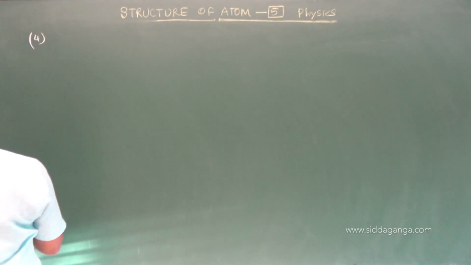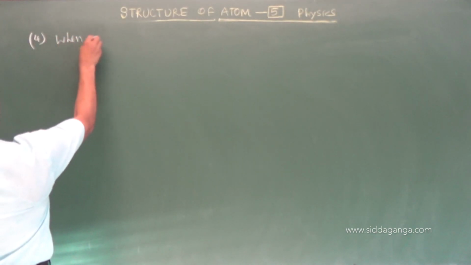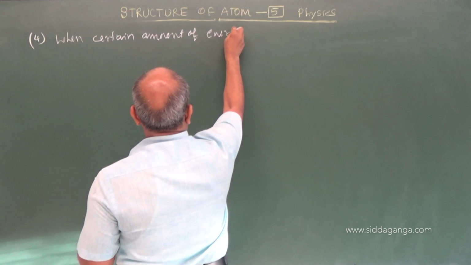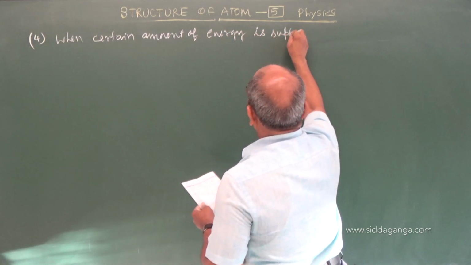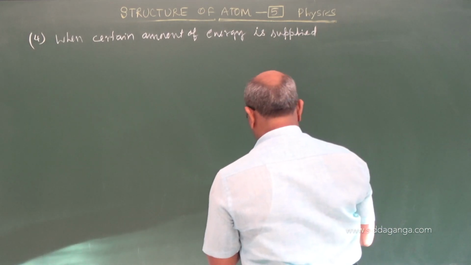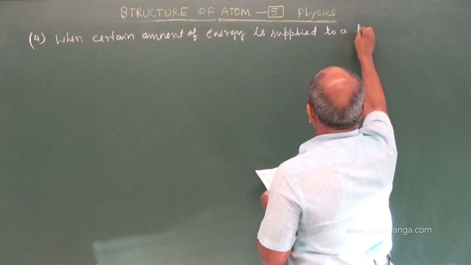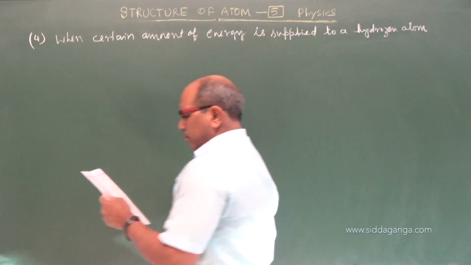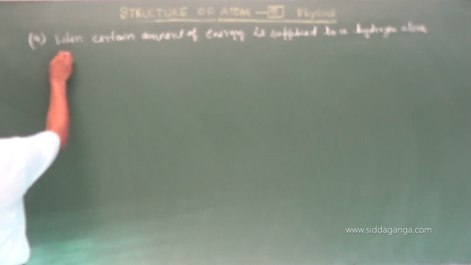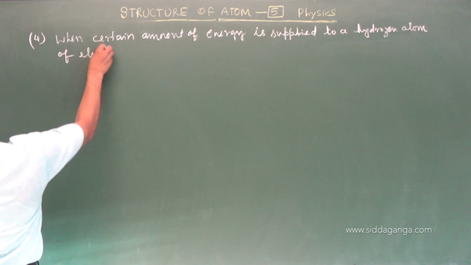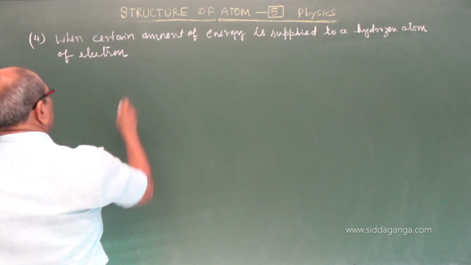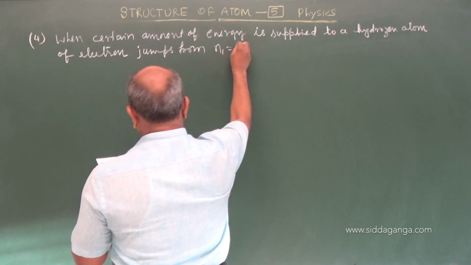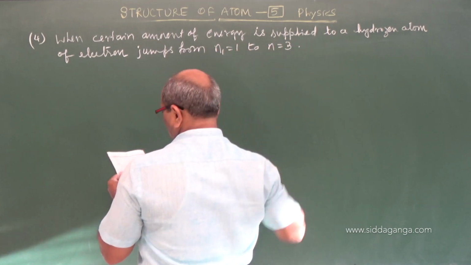Come to another one. When a certain amount of energy is supplied to a hydrogen atom, the electron jumps from n1 equal to 1 to n2 equal to 3.